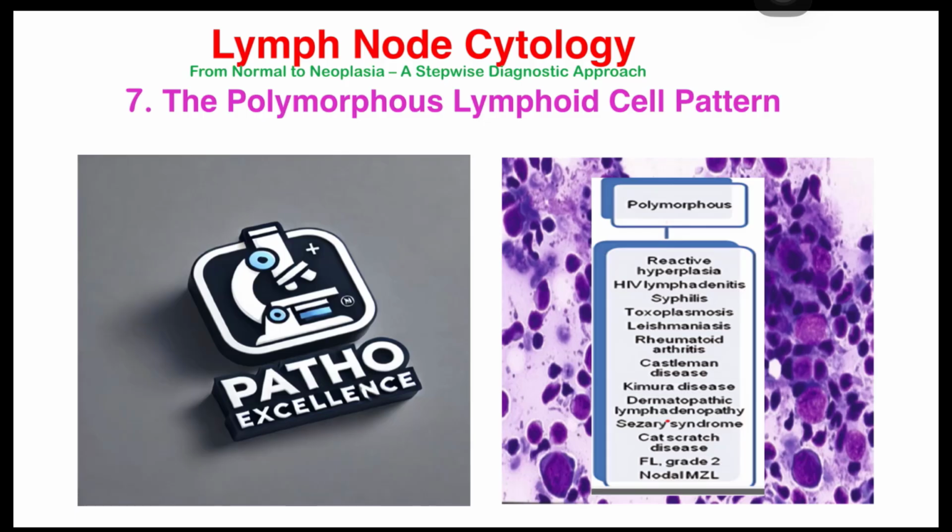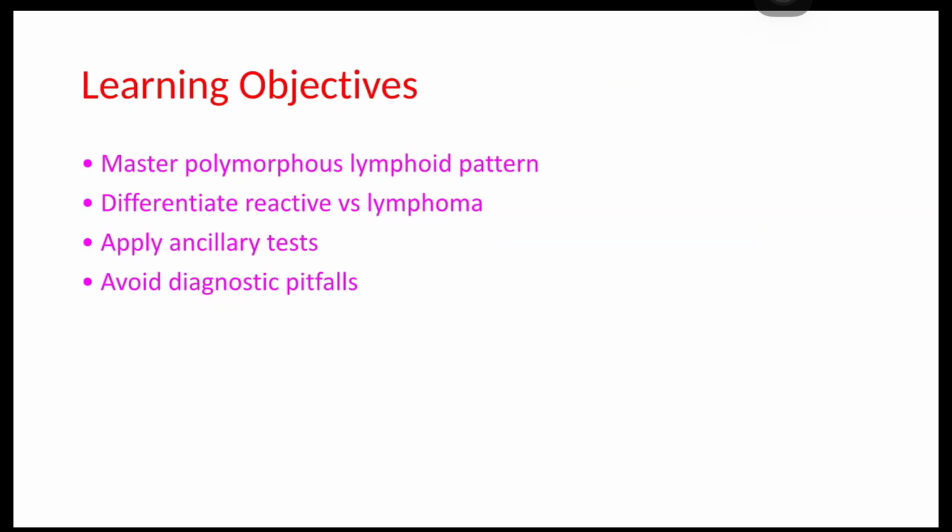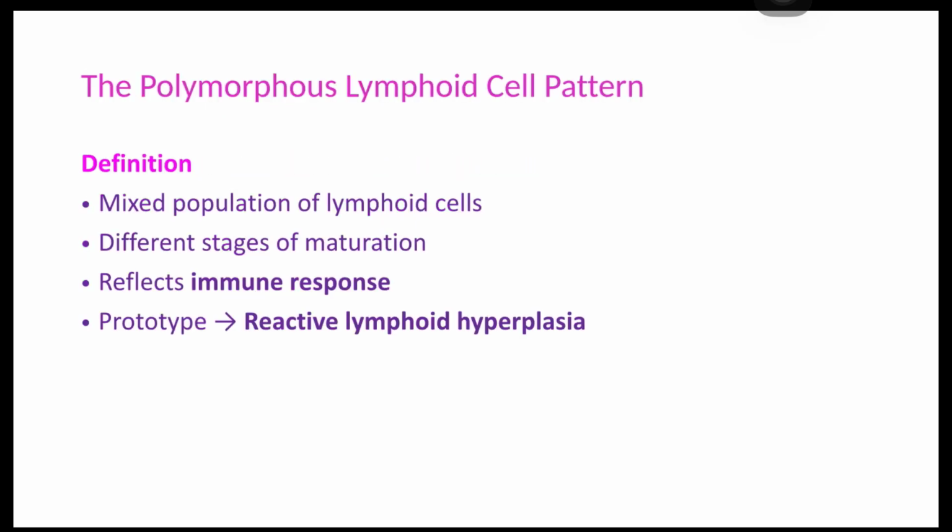The polymorphous cell pattern includes mainly reactive hyperplasia, but there are different lesions which can give this pattern. So, our learning objective is to master the polymorphous lymphoid pattern, differentiate reactive versus lymphoma, learn how to apply ancillary tests and avoid diagnostic pitfalls.